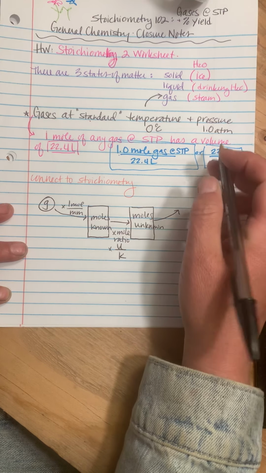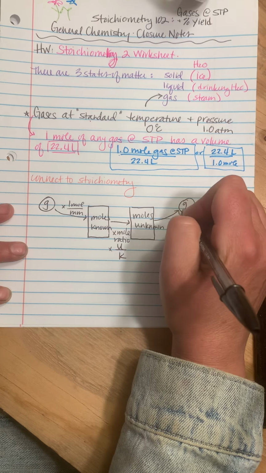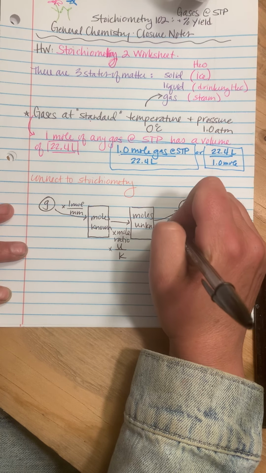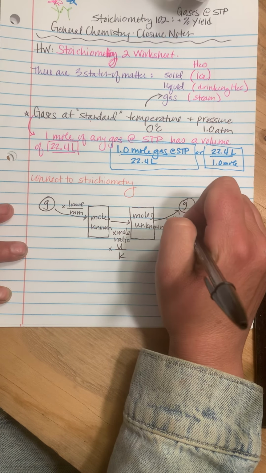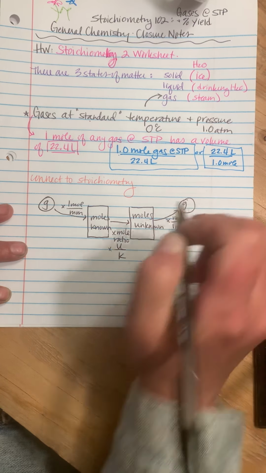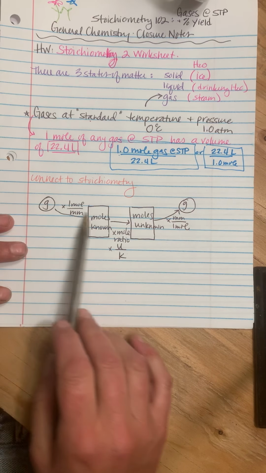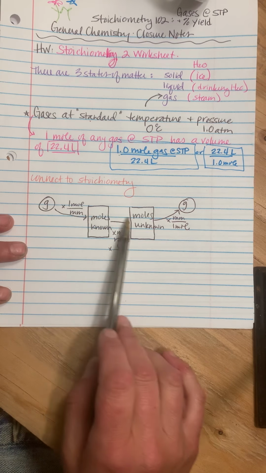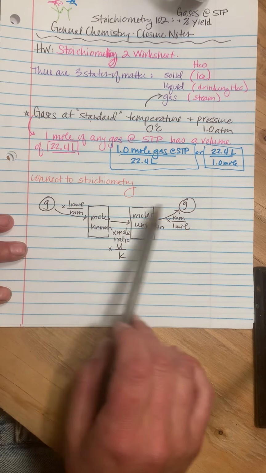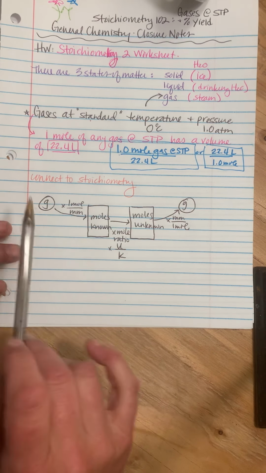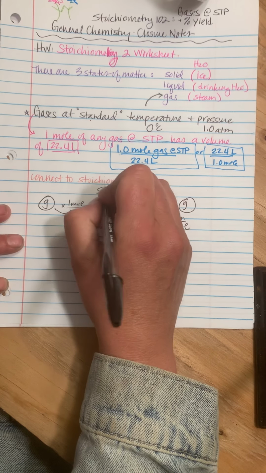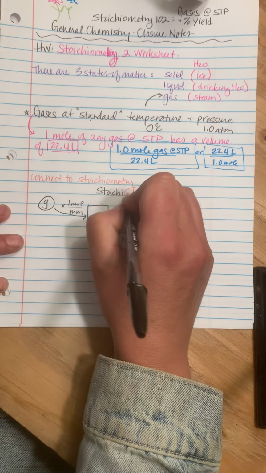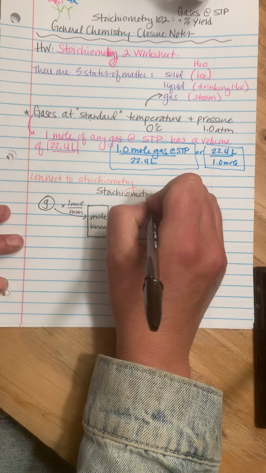If we're asked to answer in grams, then we finish with a molar mass on top and 1 mole on the bottom. So what we see here is 3-step questions if we're asked to go from grams to grams. That's all the stuff you've seen before. Again, this is the stoichiometry map.